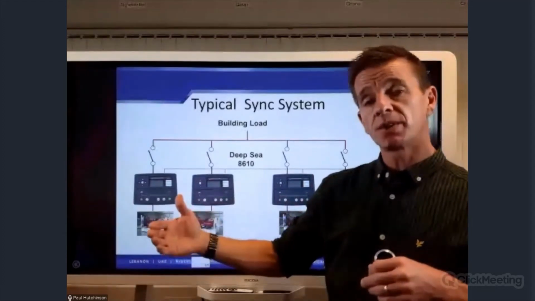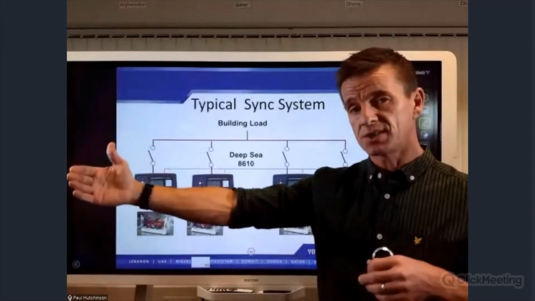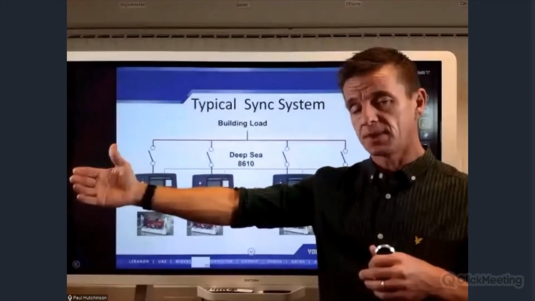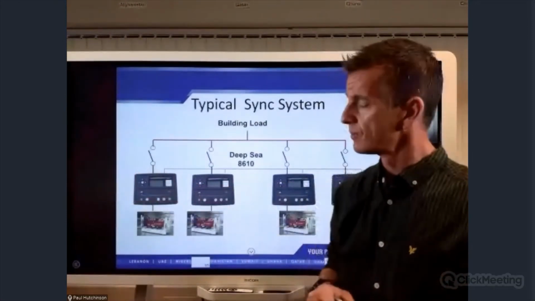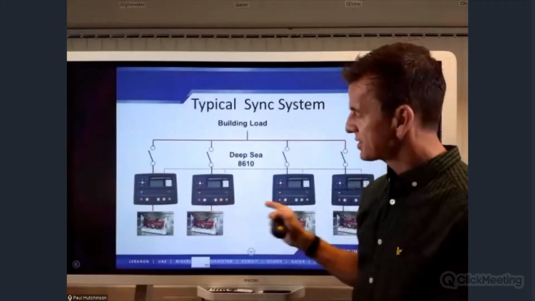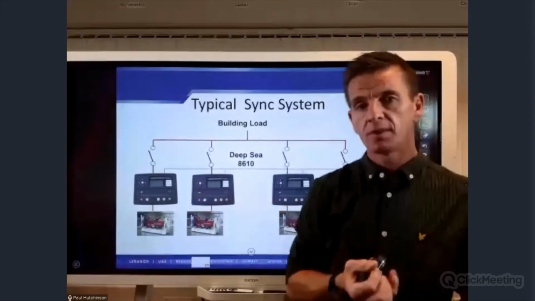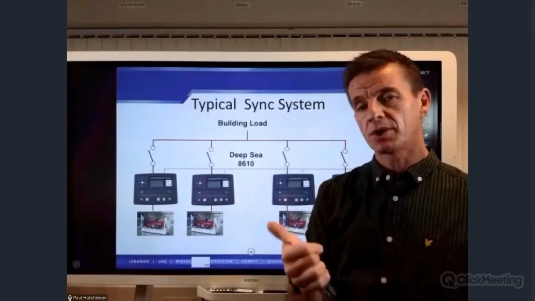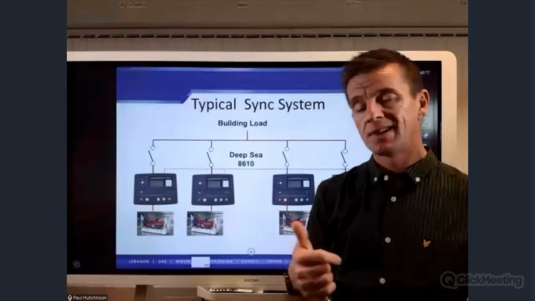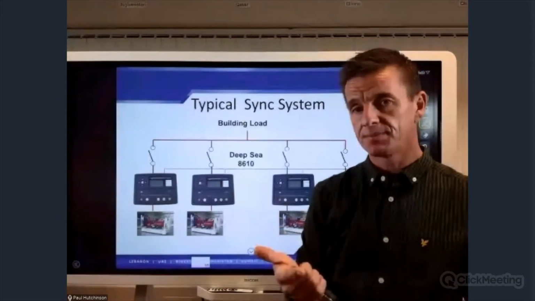Okay, so a typical system, in this example, I've only got 4 gensets. With the deep sea controller, you can have up to 32 gensets synchronizing together. Okay, each genset and controller will have its own network address and network priority.